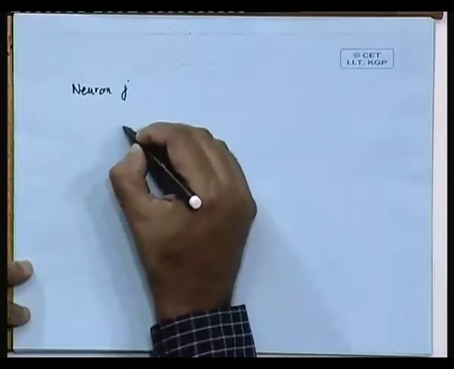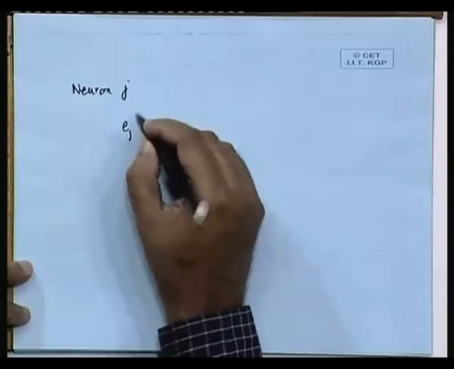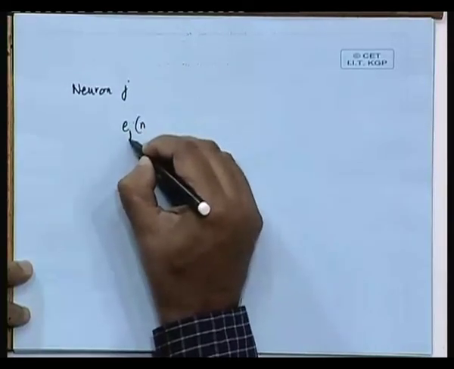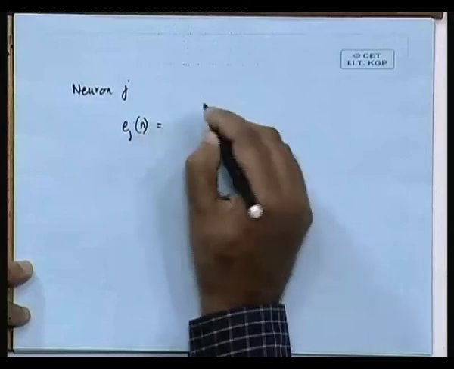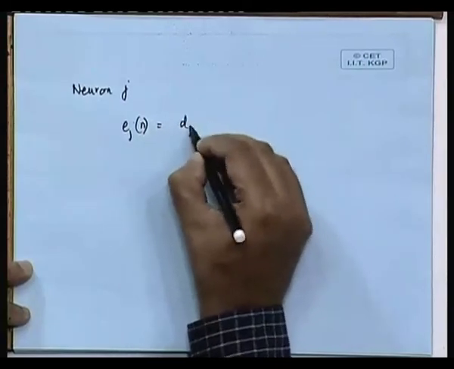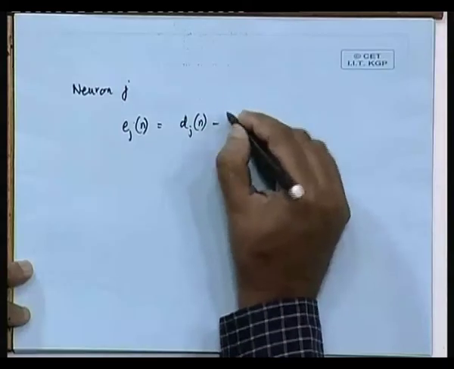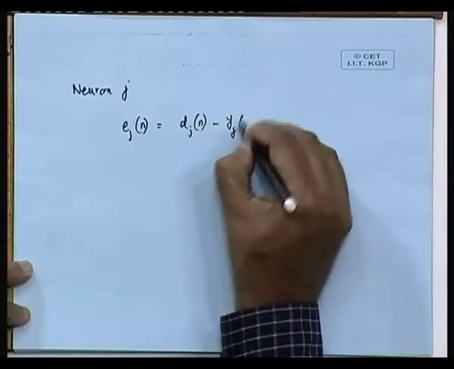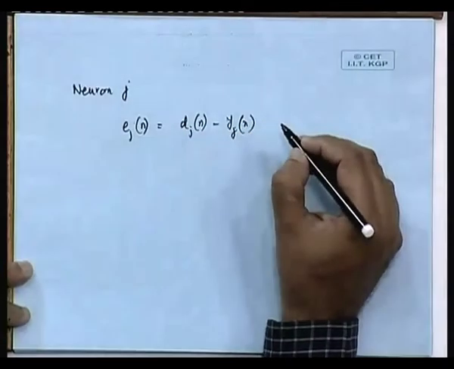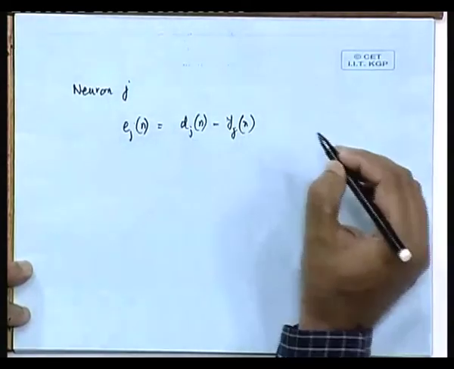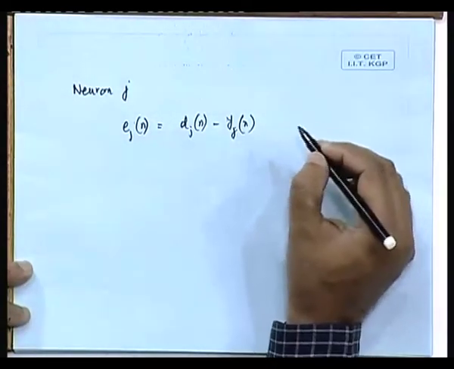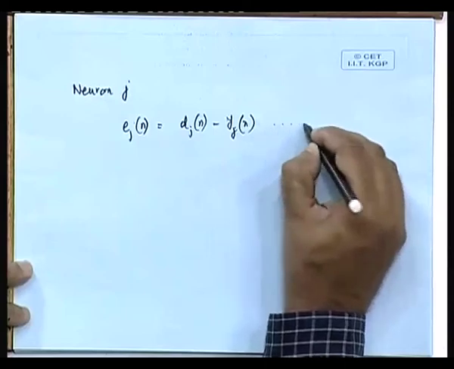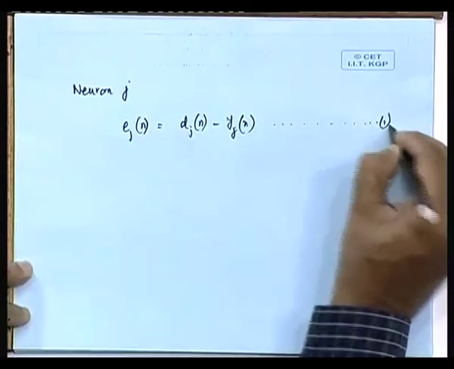So, what we had written down are the error term, that is e_j(n) is equal to d_j(n) minus y_j(n), where d_j(n) is the desired output at the jth neuron, y_j(n) is the actual output, and this let us call equation number 1.